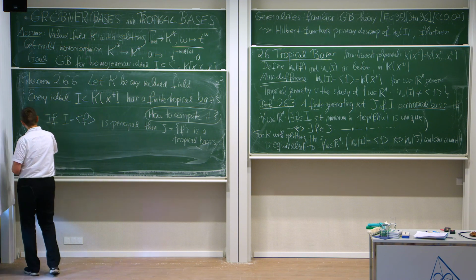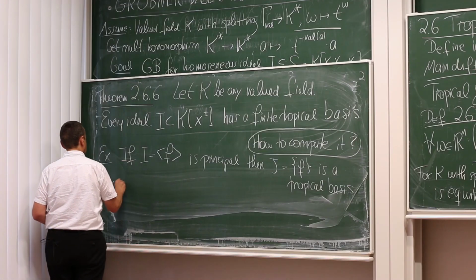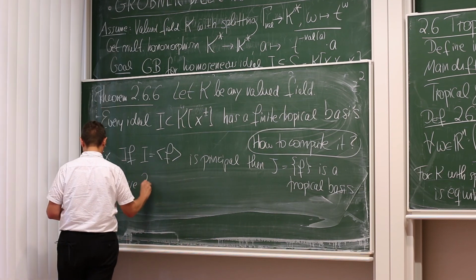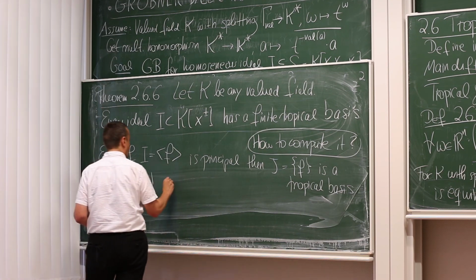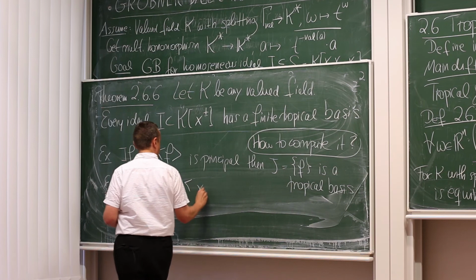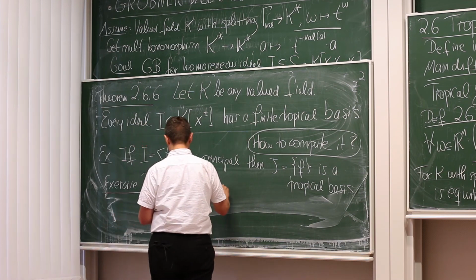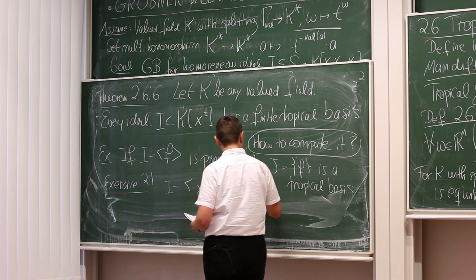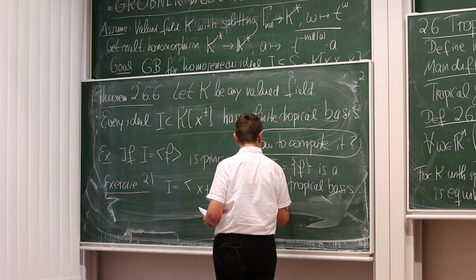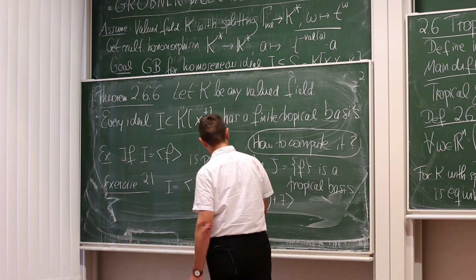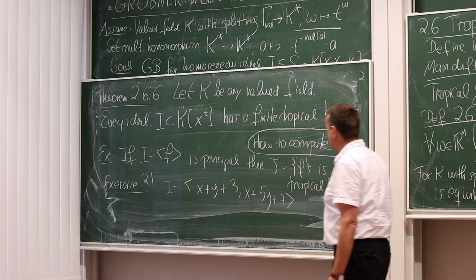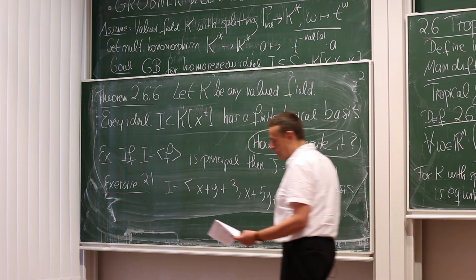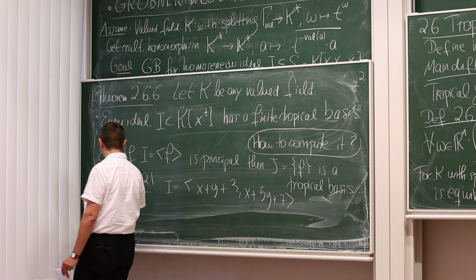Let's do an exercise. We're in two variables. Let's look at the linear ideal generated by x plus y plus 3 and x plus 5y plus 7. That's an ideal in a polynomial ring, or certainly also in the Laurent polynomial ring. It's a maximal ideal.